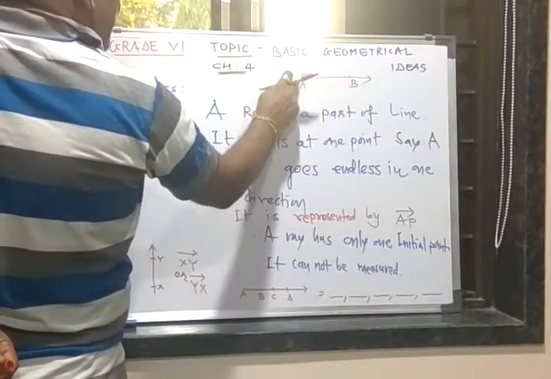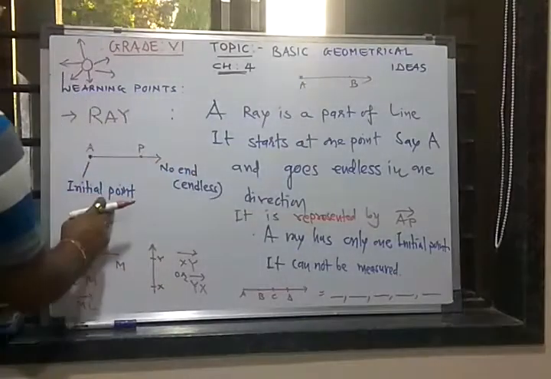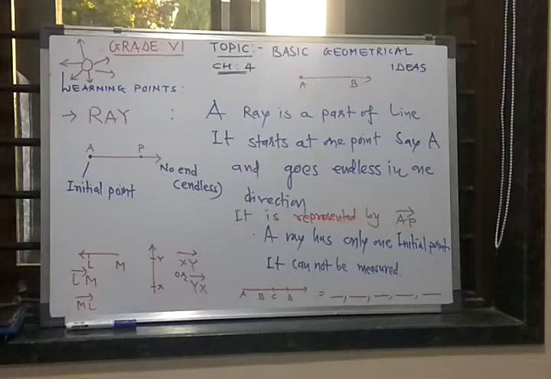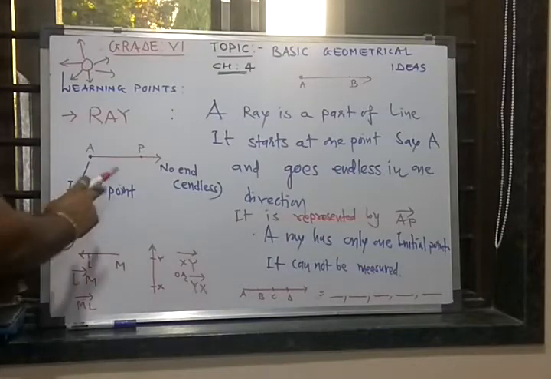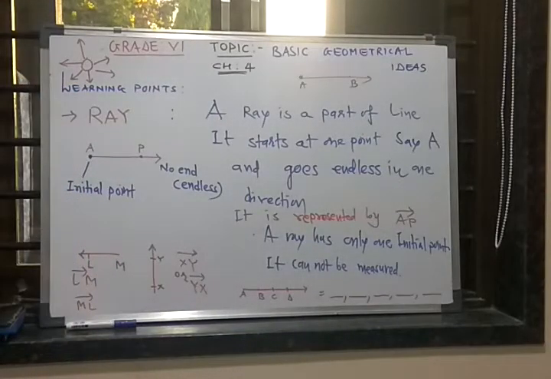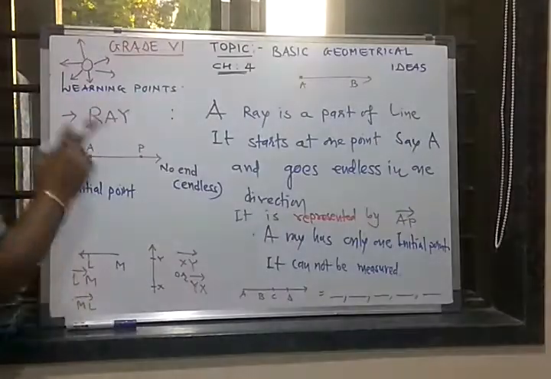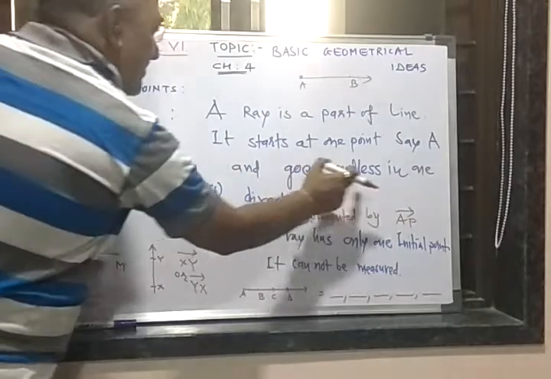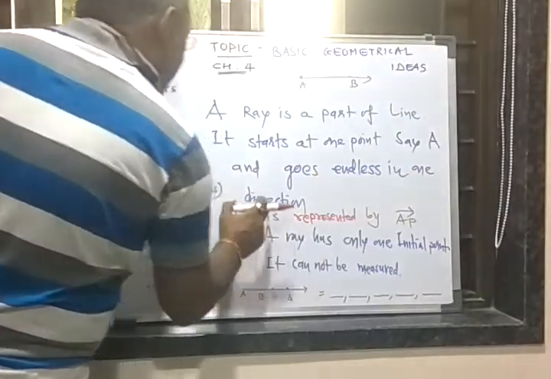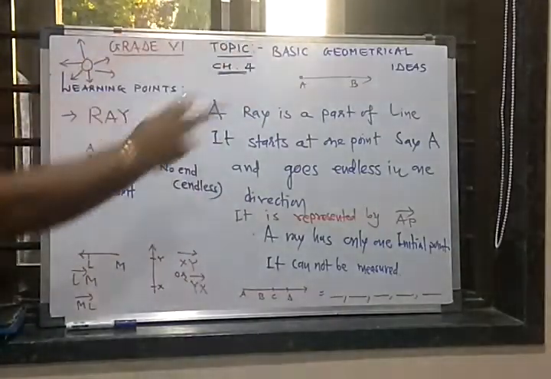It starts from point A, which is known as the initial point, and it goes endless. It starts at one point, say A, and goes endless in one direction, in this direction.